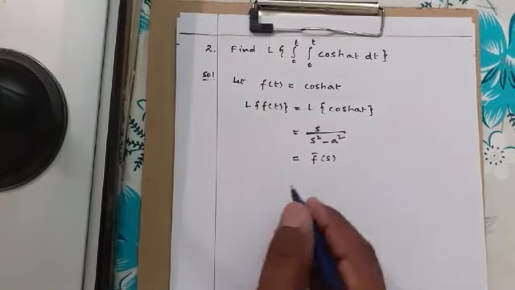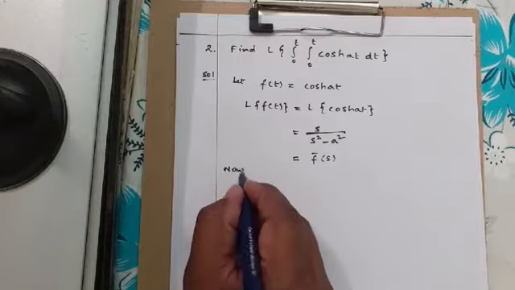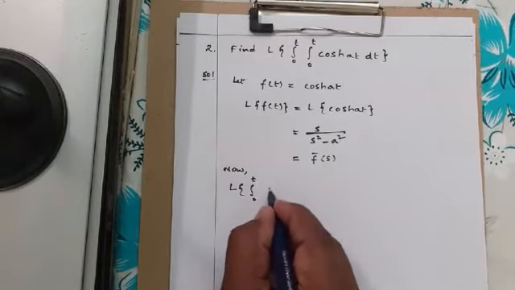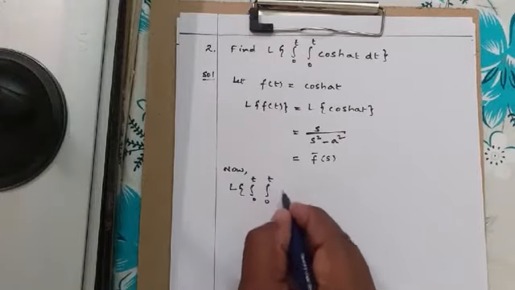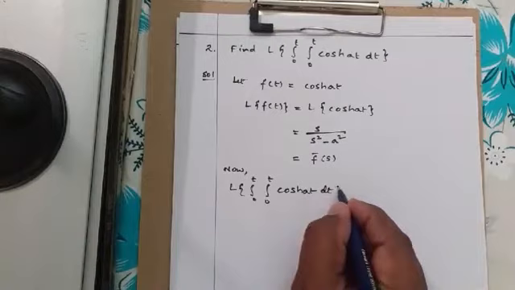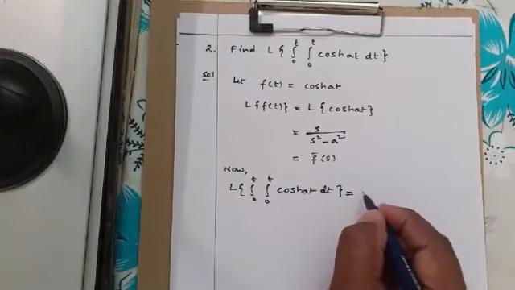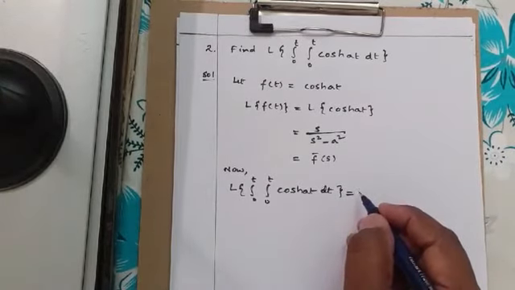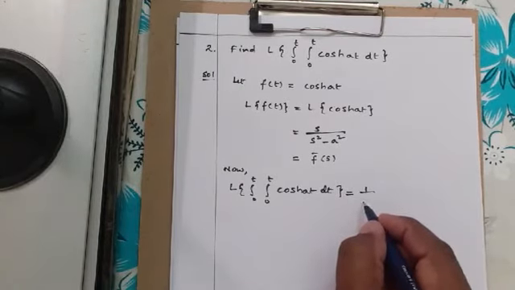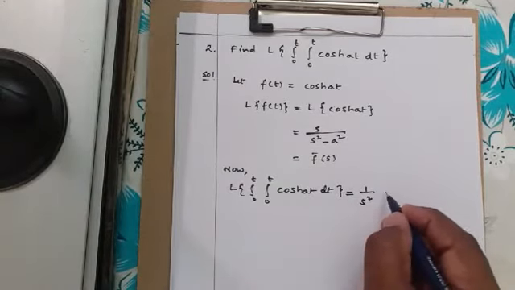So Laplace of integral 0 to t cos h at dt is equal to 1 upon s square f bar s.